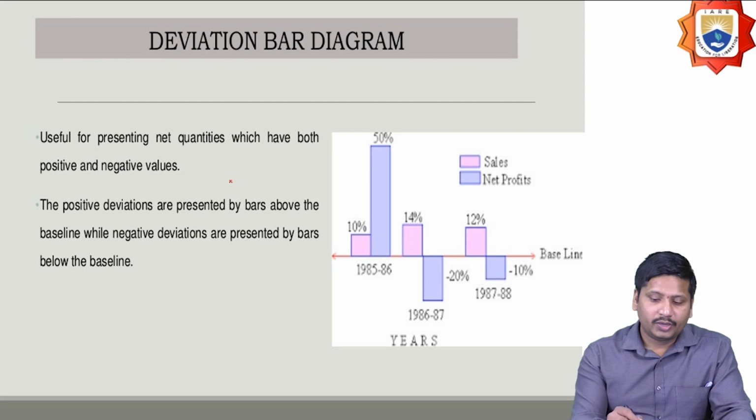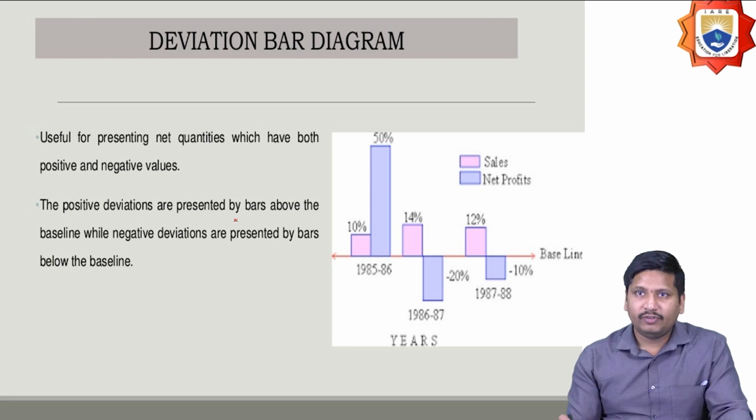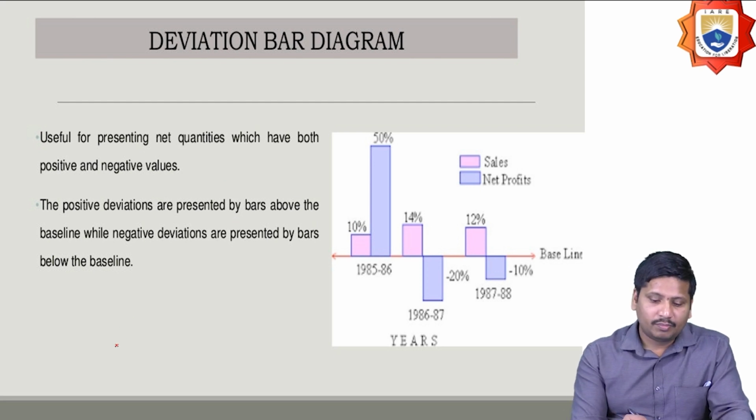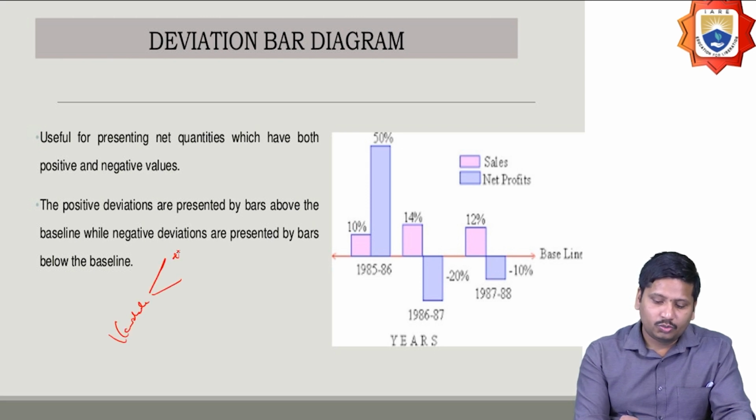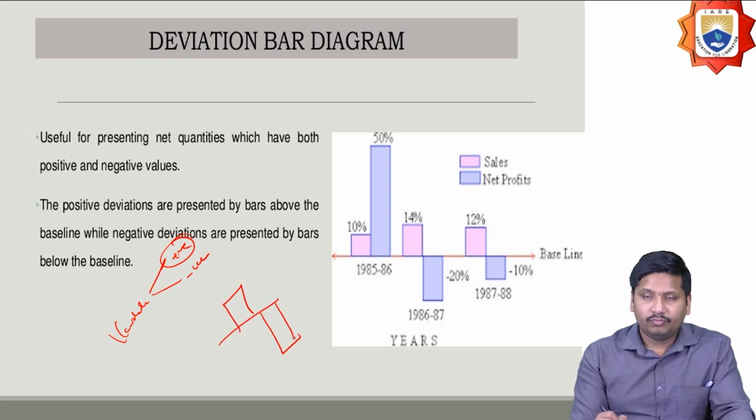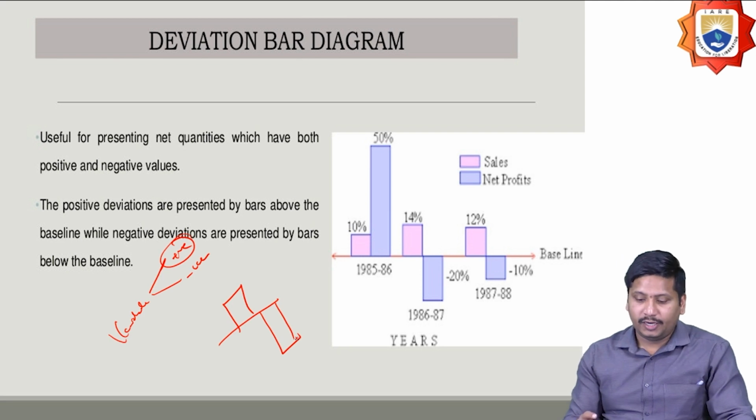That's why we call it a deviation bar. Some variables may have positive values or they may have negative values. For positive values, we represent the bars above the baseline, and for negative values, I have to represent the bar below the baseline.